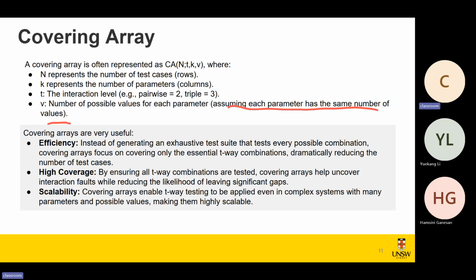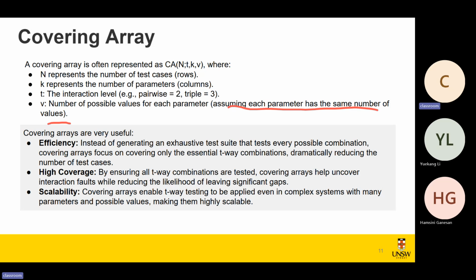Covering arrays are very, very useful. Like I just said, they help us reduce redundancy. They improve efficiency because we have fewer test cases to deal with, so we can do things faster. They also help us ensure coverage: we are reducing the redundancy but maintaining the coverage of different combinations.